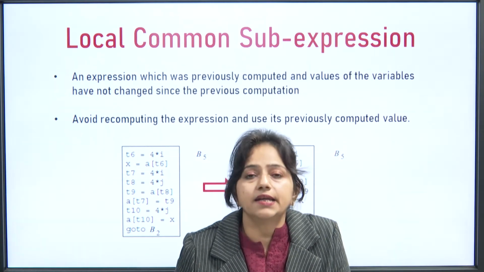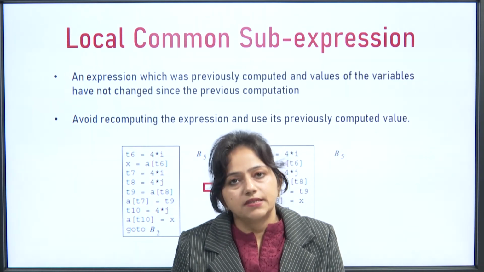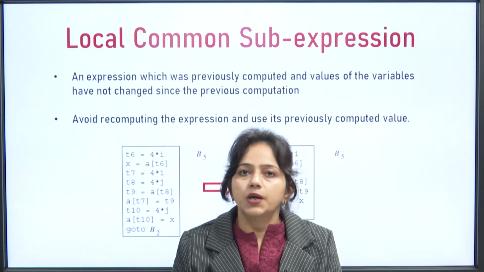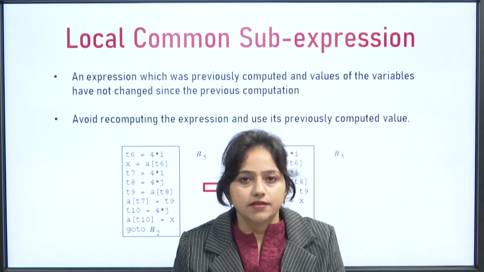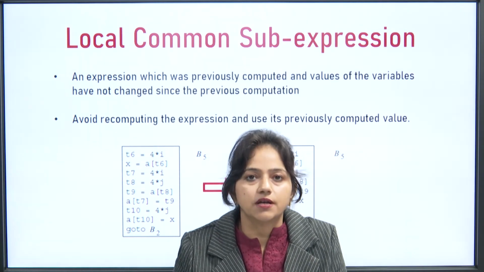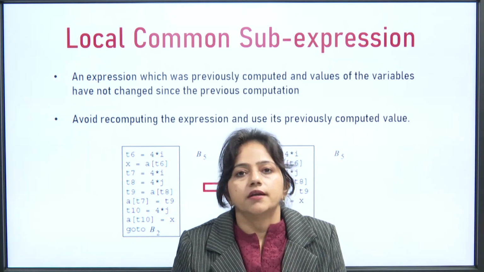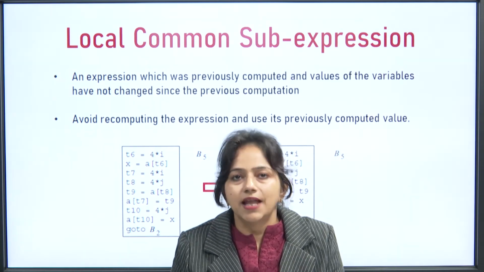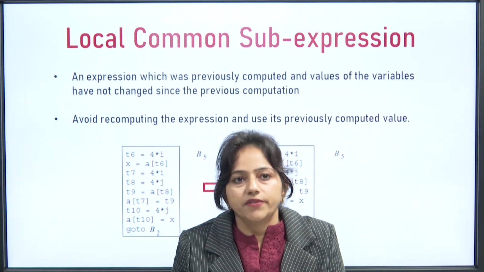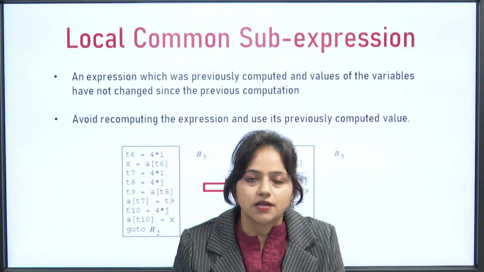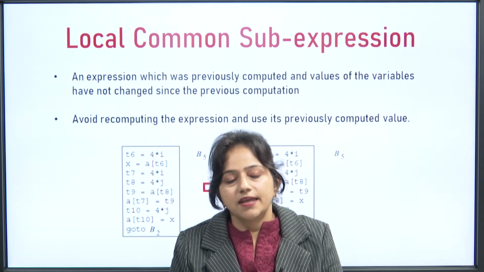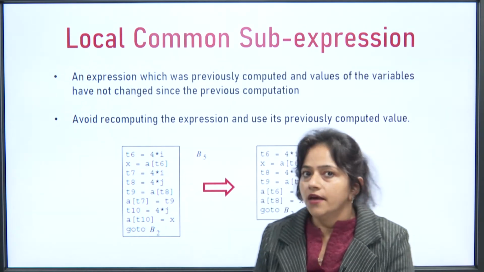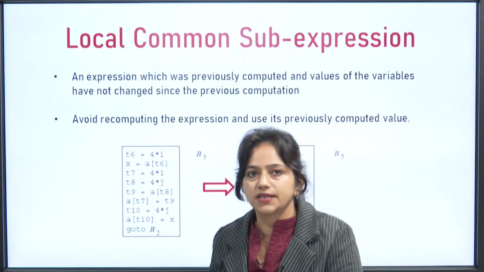There are many techniques, like local common subexpression elimination, global common subexpression elimination, dead code elimination, code motion, copy propagation, reduction in strength and induction variable elimination. We will discuss some techniques in this class and the remaining techniques in the next class. First is the local common subexpression.